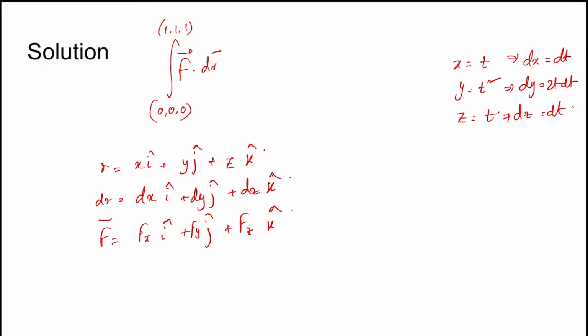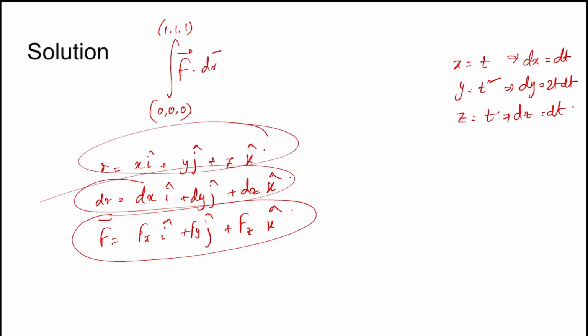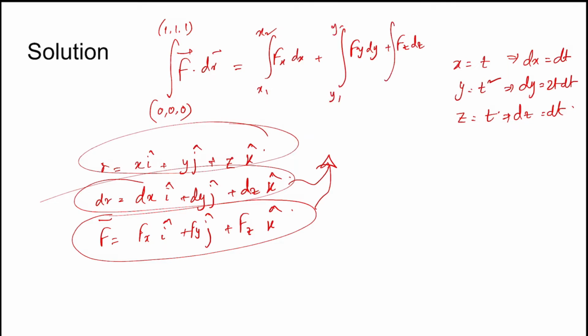So when you do f dot dr, these two dot products will give you the integral of fx dx from x1 to x2, fy dy plus fz dz, from y1 to y2 and z1 to z2.